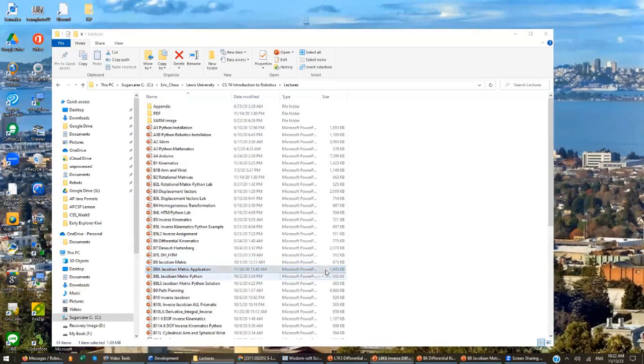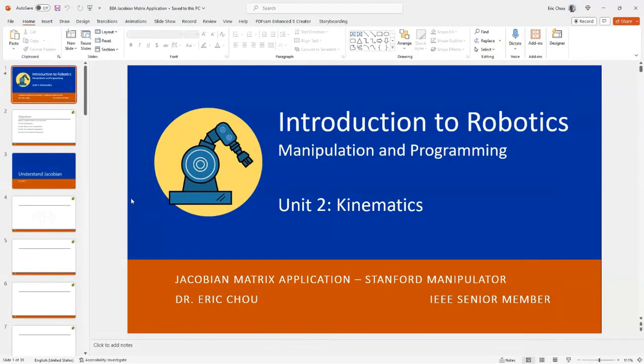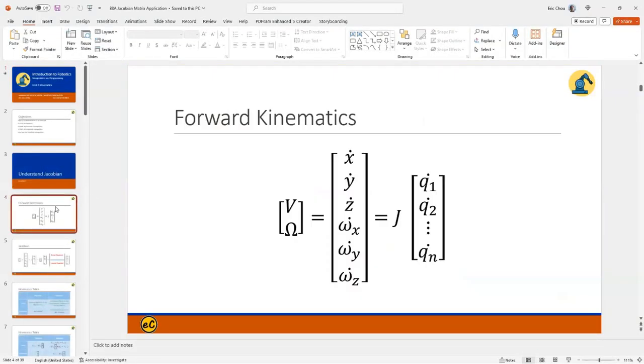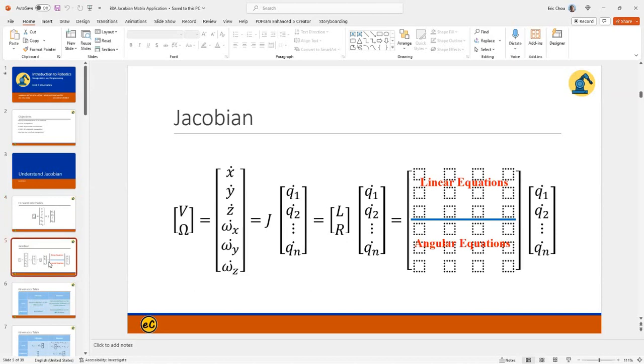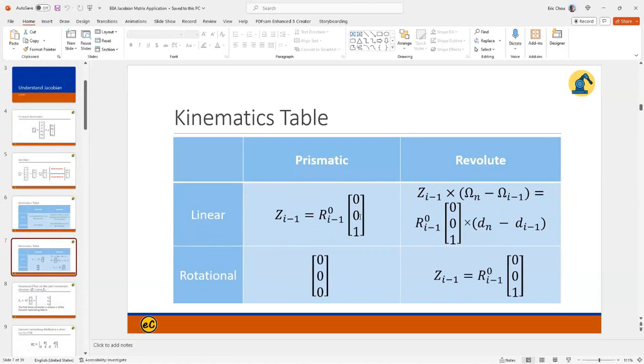So there's an application. There's one more lab you can look at. It is doing calculation for one example, how to calculate a forward kinematic from the Jacobian, and there are some linear and revolute Jacobian calculations. Each vector of the J, how can we use a cross product to create that?